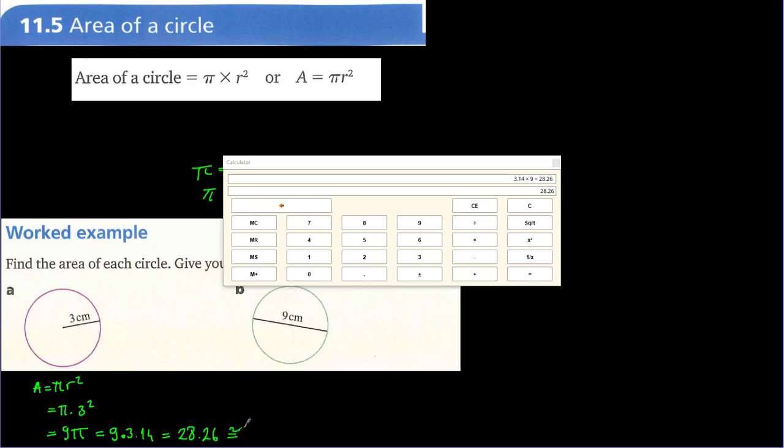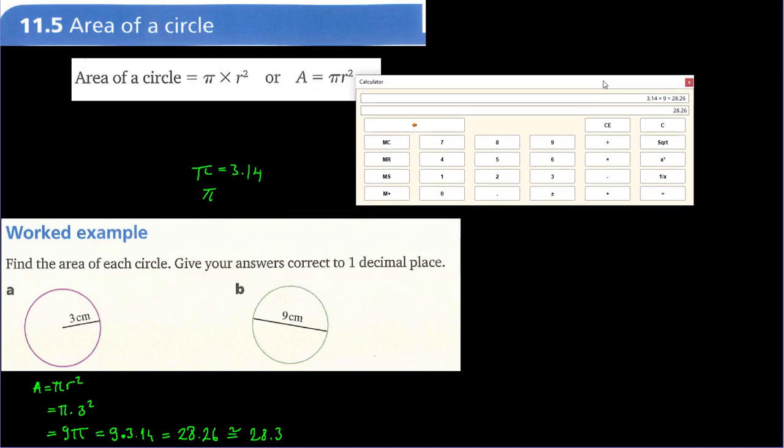If you round to one decimal place, it's approximately 28.3. Okay, so we found that the area of the circle is approximately 28.3 centimeters squared.